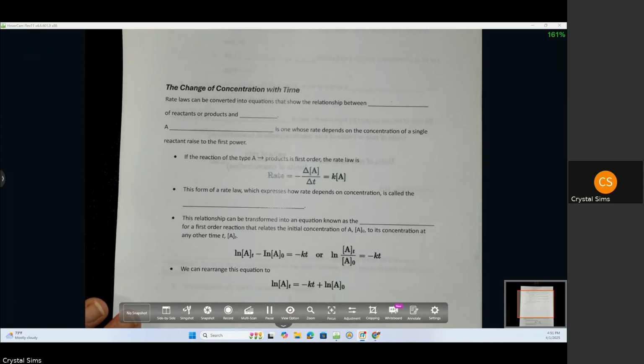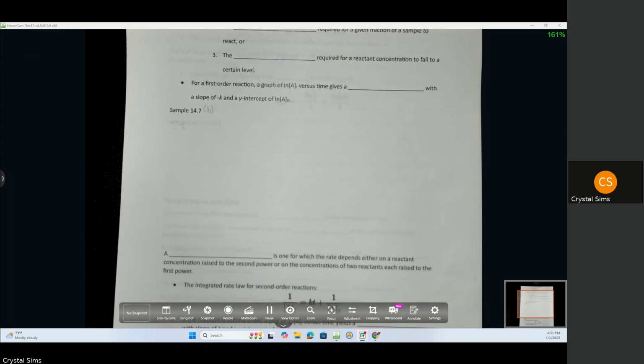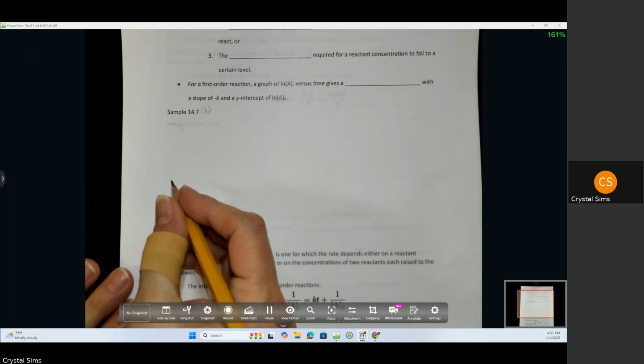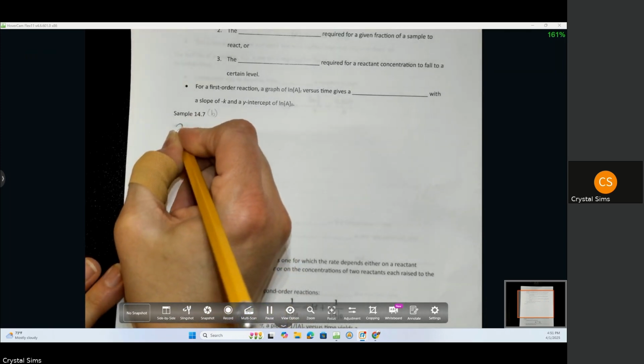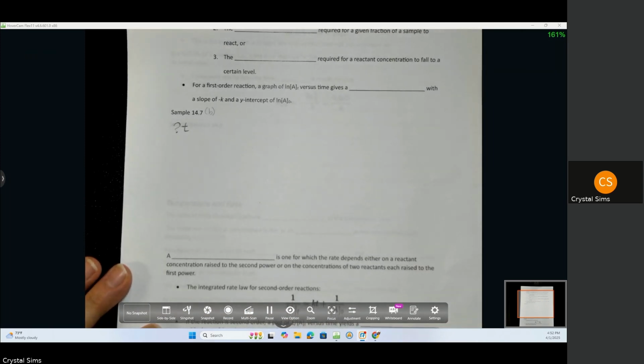So we're going to continue looking at that example in part B. Part B says, how long will it take for the insecticide concentration to decrease to 3.0 times 10 to the negative 7 grams per cubic centimeter? In this example, we want to know how long something is going to take. So we're looking for time. That's what we're trying to solve for here.